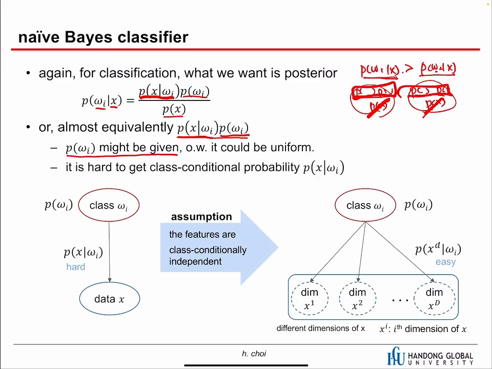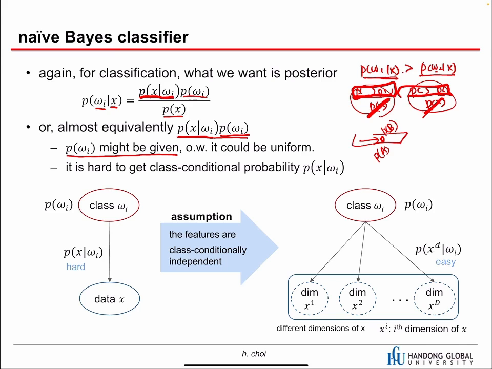Let's say we have a factory, and in this factory we want to classify objects on the conveyor belt. Some product is coming, and we want to classify this object. Is it class A? Is it class B? Then P of omega i, the prior, is simply the probability of A and the probability of B. On this conveyor belt, how many A's do we usually have and how many B's?